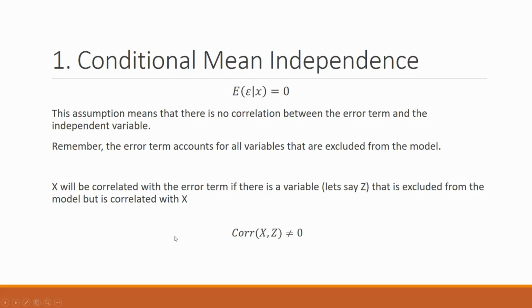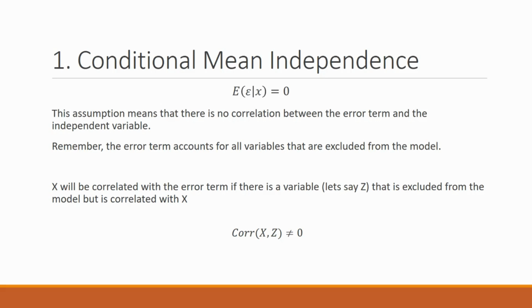The independent variable is not correlated with the error term. Now why would it be correlated with the error term? Let's make sense of that. Remember, the error term accounts for all the variables that are not included in our regression model.